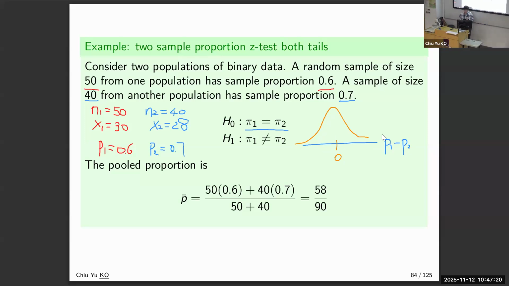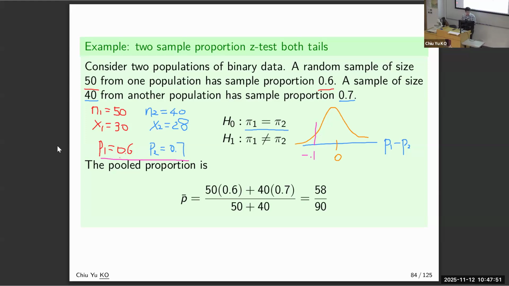And the answer we have from the data, the difference, is actually negative 0.1, because 0.6 minus 0.7. So it's somewhere here, negative 0.1. Of course, we're doing a two-tail test based on H1, not equal to.